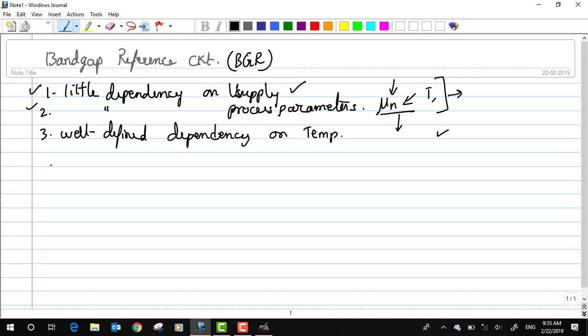One is to understand what is known as supply independent biasing. Now when I say supply independent biasing, we are trying to address the first requirement. Any supply variation should not disturb the reference circuit that I'm trying to build.